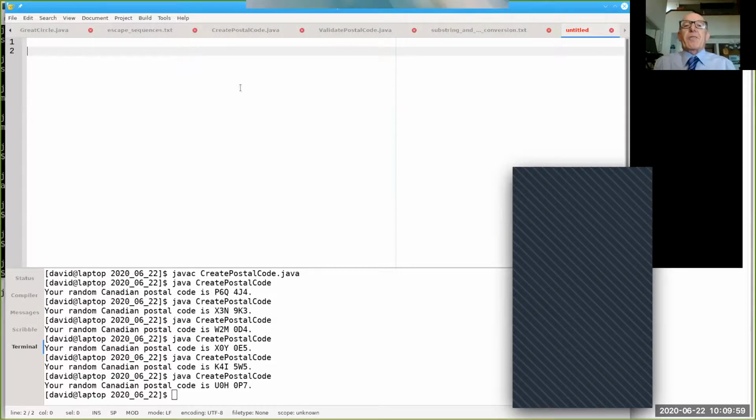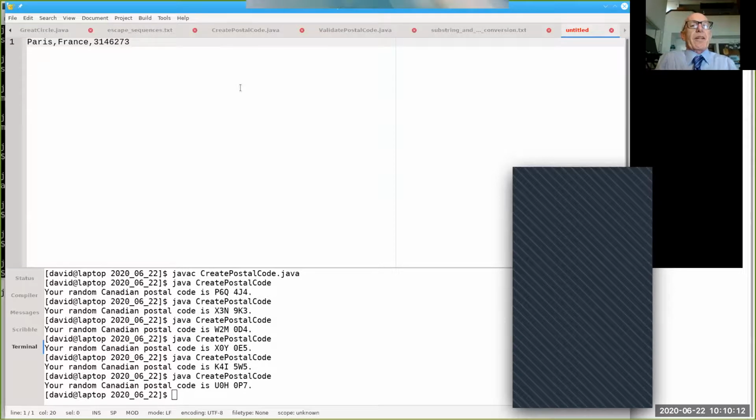If I have a file, for example, and my file looks like this, and I've got the populations in there.